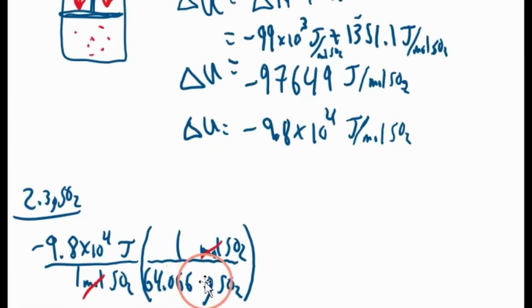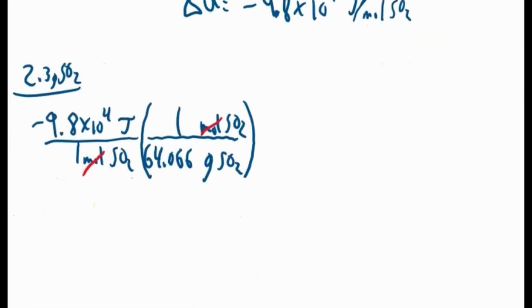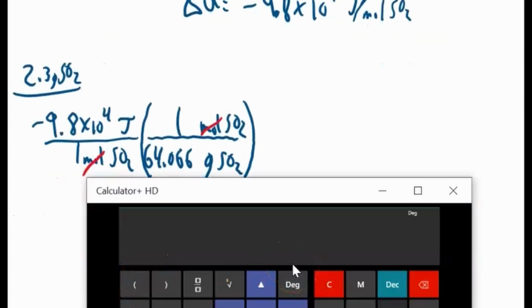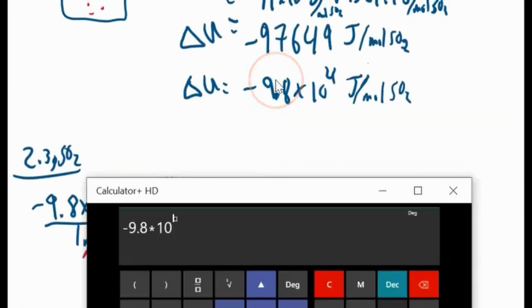This is per gram of SO2, but we don't have a gram of SO2. We have 2.3 grams of SO2. Actually, I'm going to do it in 2 steps, just so it's clear, so we're not really skipping anything. So 10 to the power of 4. We should use one more digit, actually. We'll round at the end.